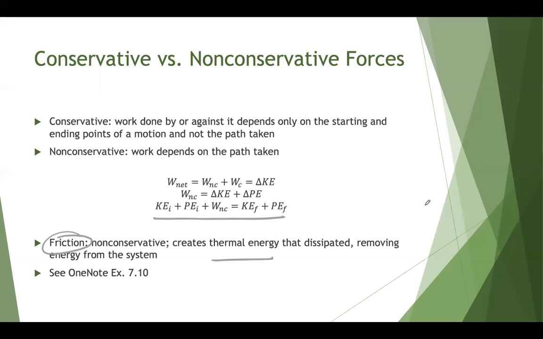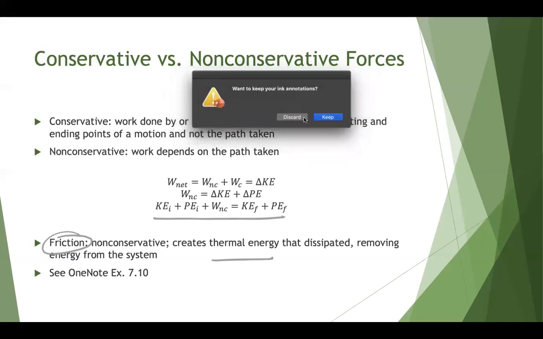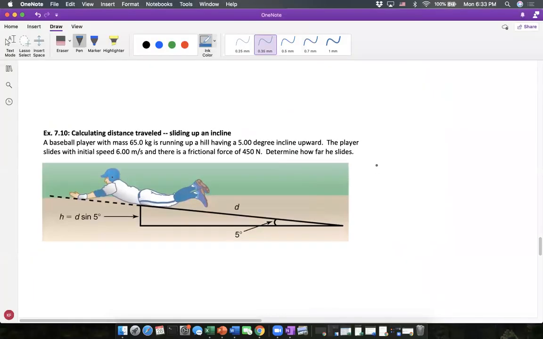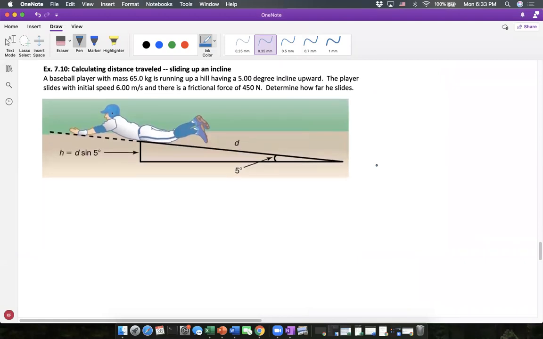So let's go ahead and look at an example of this. Here's our example. We've got a baseball player with mass equal to 65 kilograms, and he's running uphill at a 5-degree angle, upward.